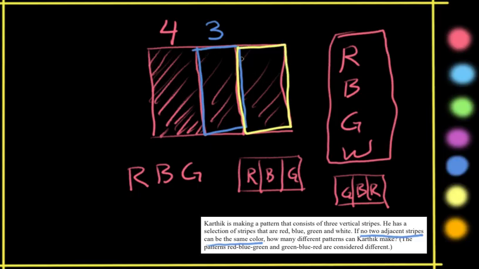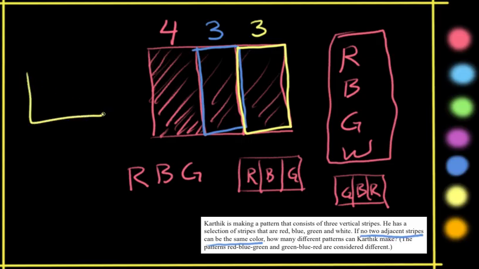Well, he can pick the same color as the first color, or he can pick one of the 2 colors that haven't been picked yet. He just can't pick this one that's in the middle. So he again has 3 choices. So this is a little different because it never says all the colors have to be different. You can have the same color on the left and the right.